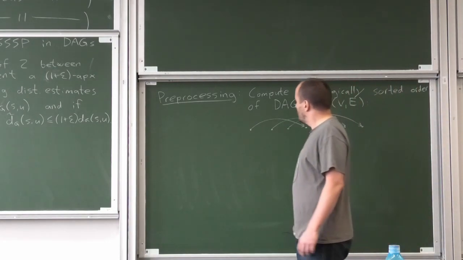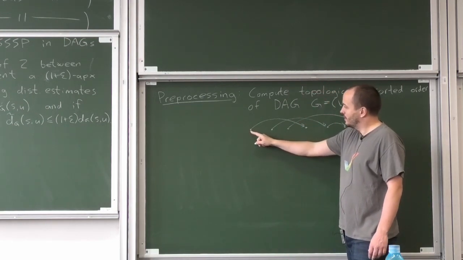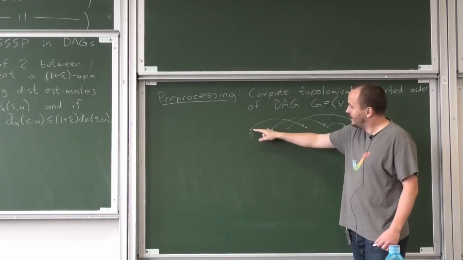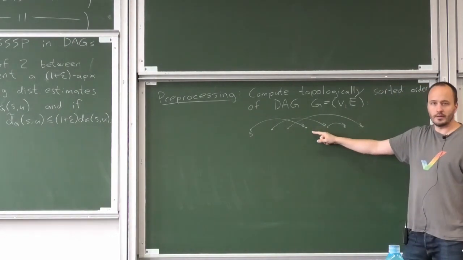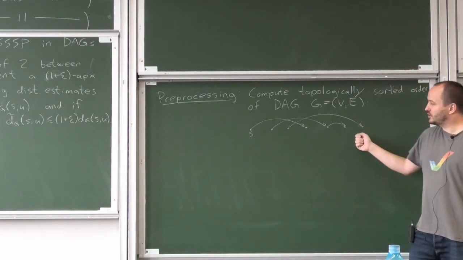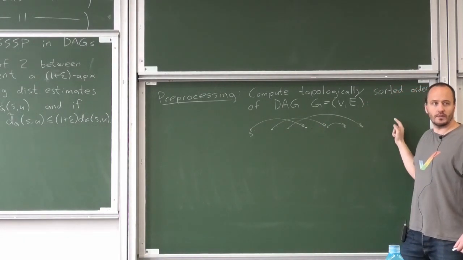Now basically the idea is that, let's say S is here. If you have an edge that goes far ahead in the topological ordering, then in a shortest path from S to a vertex U, there cannot be many edges that go forward by a lot, right?